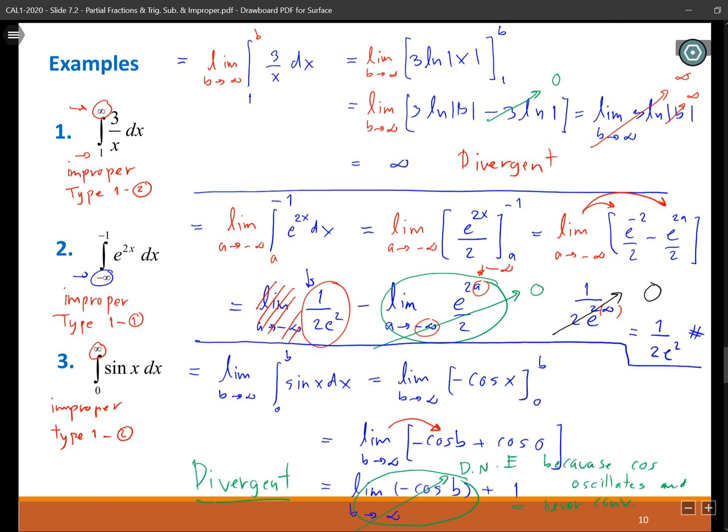Okay, example 1 is divergent, it goes to infinity, right? Example 2 is defined, we have 1 over 2 times e to the power of 2. This is convergent.